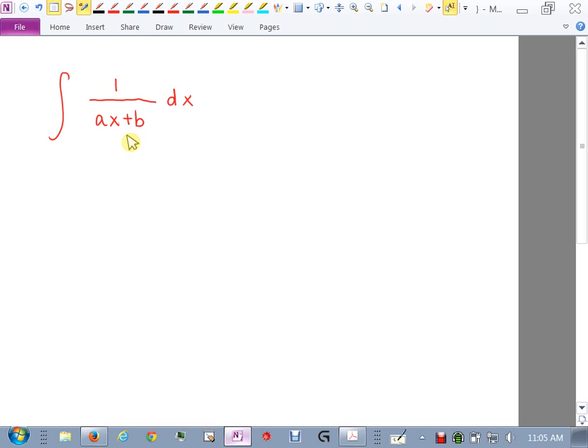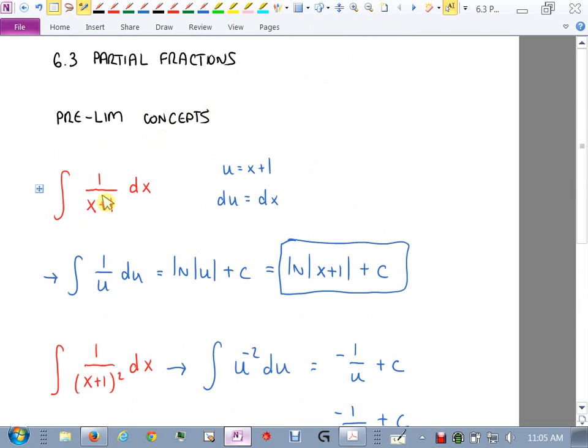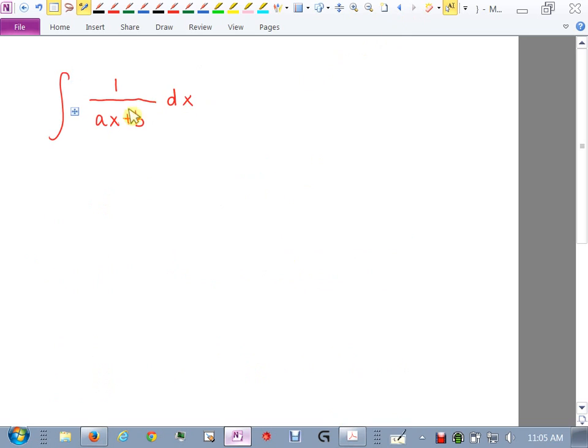But this right here is just like this first one, isn't it? It just turns out to be a natural log. But I need what in front? The constant, right? So this should turn out to be 1 over a times natural log of ax plus b. I'm not showing any of that work.